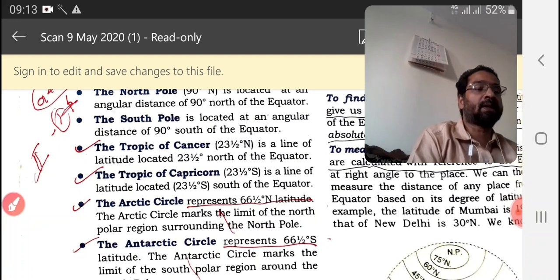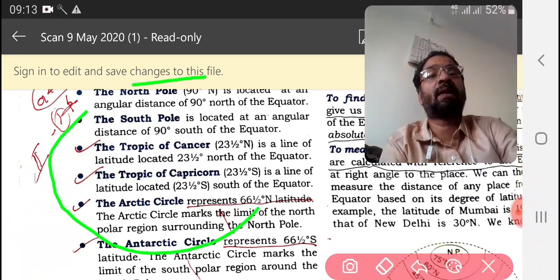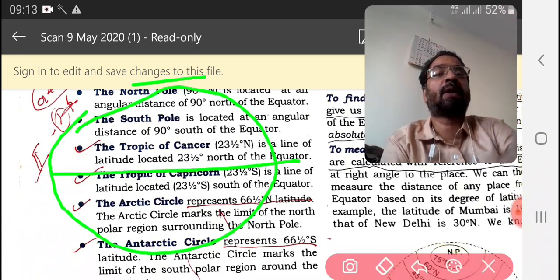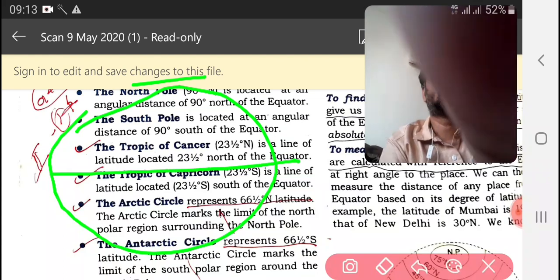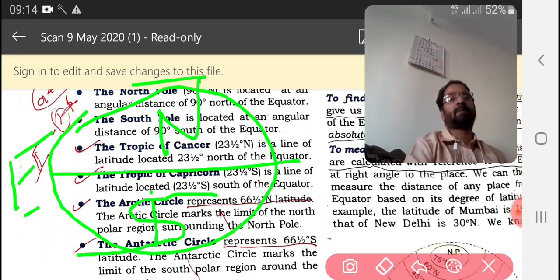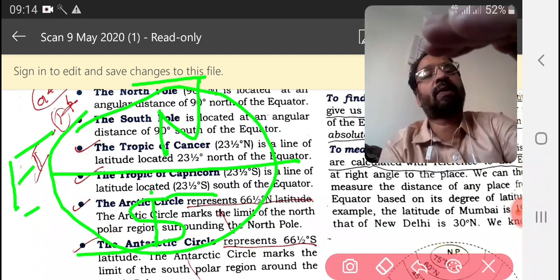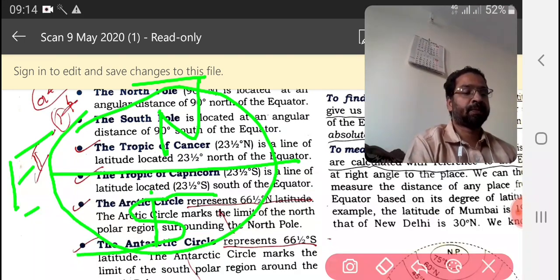And the northern and southern hemisphere, I already told you what hemisphere means. The earth is divided into two by the equator, and this part is known as the northern hemisphere and this part is known as the southern hemisphere. That means top half as well as bottom half.